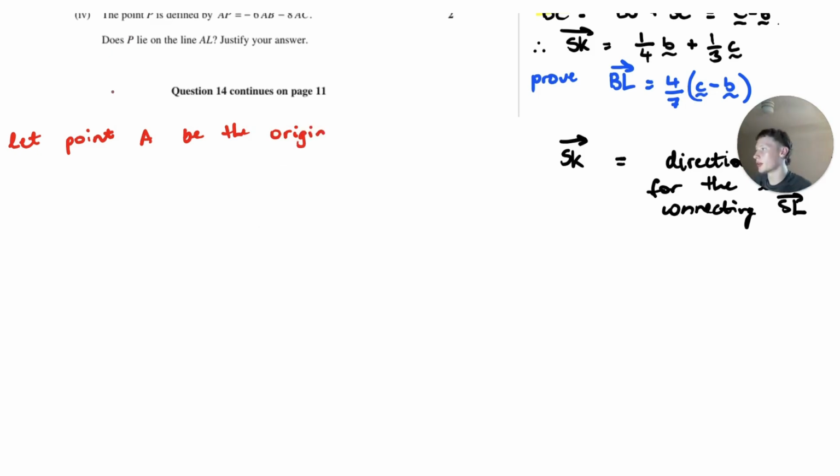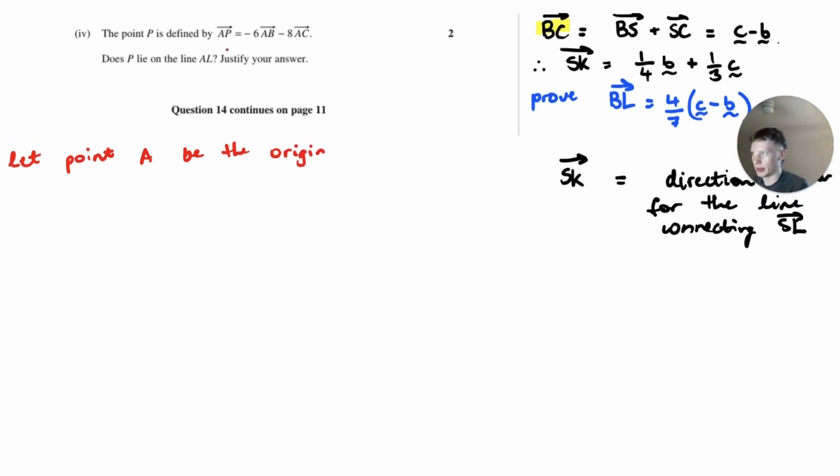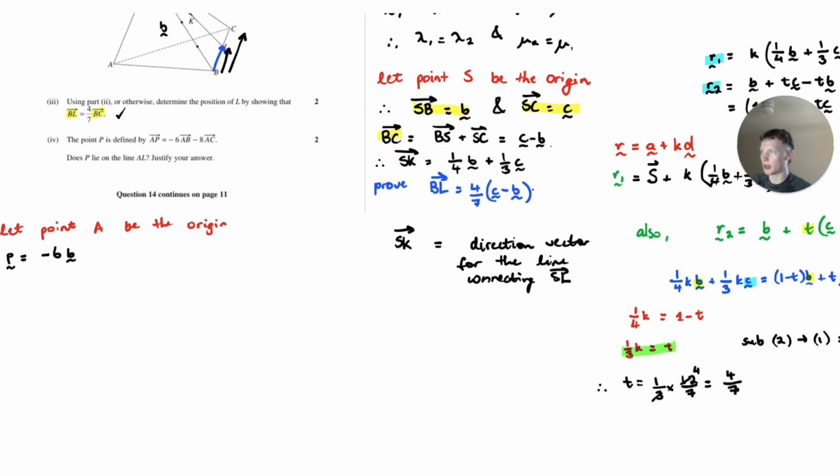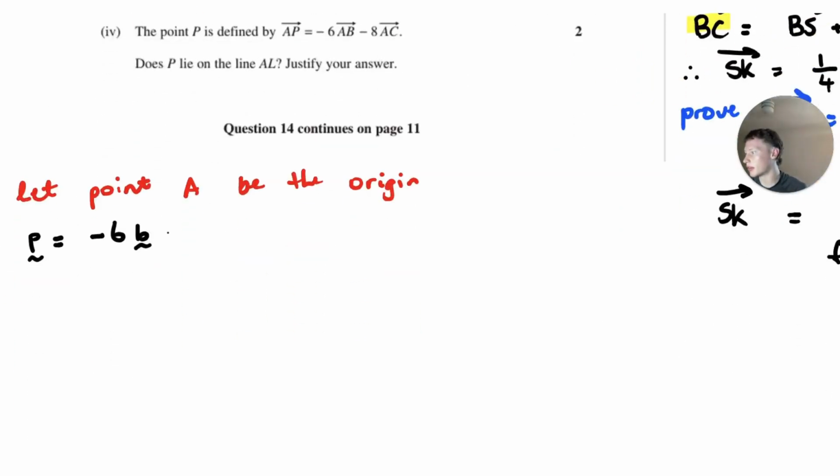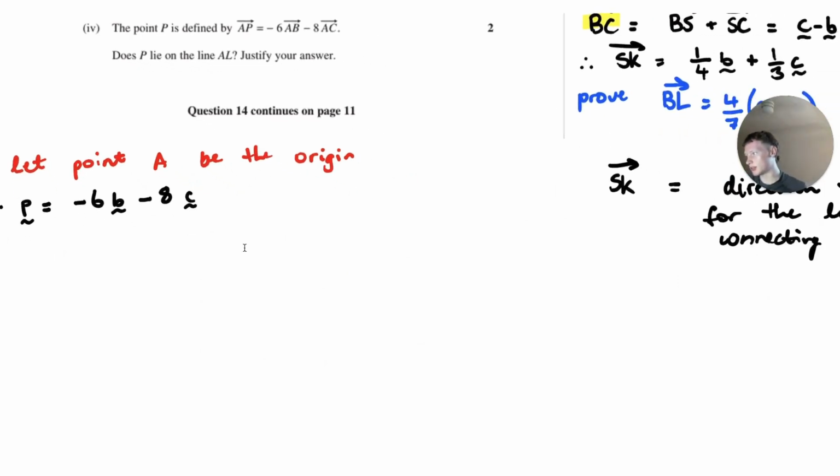And then again, I'm going to redefine point P, so the position vector of P is therefore -6 times the position vector of B. And importantly, these two questions are completely distinct. We're not using the position vector B here as the same position vector B in this question. I just want to make that clear. And then we're subtracting 8 times our new position vector C. So that's position vector P.